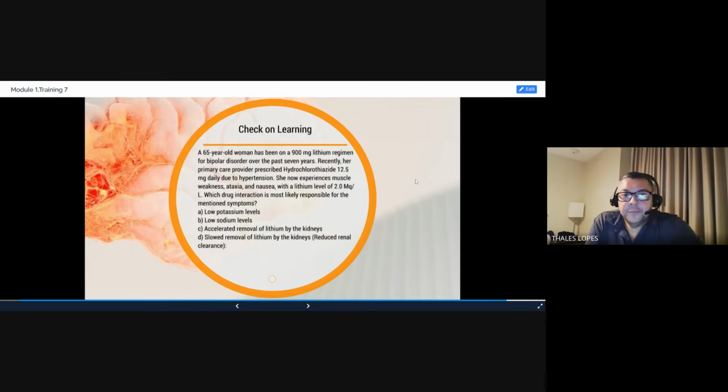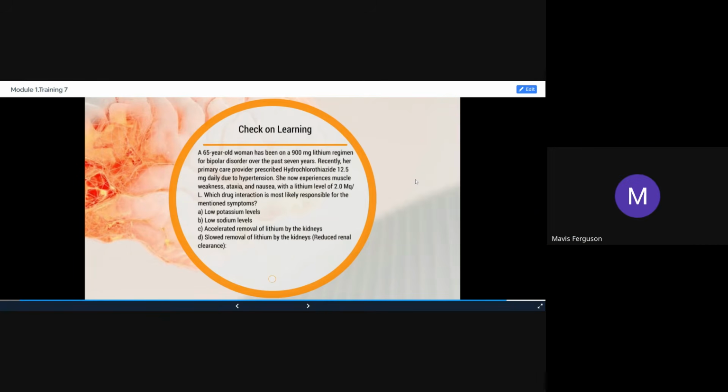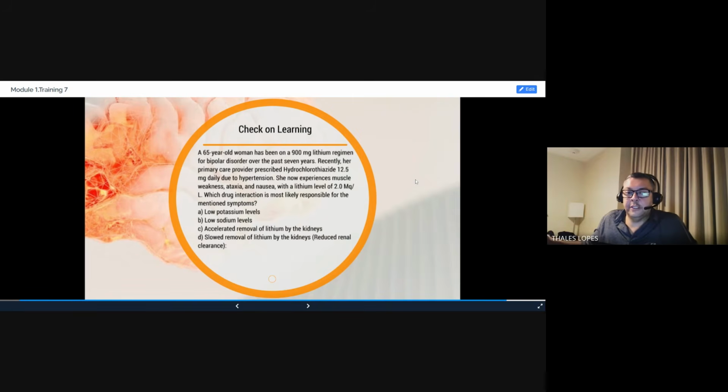Let's do this. You had someone on lithium who was stable, because it says over the past 7 years. Something else was added. What was added? Hydrochlorothiazide. Now she has lithium toxicity. So the core of the question is, what drug interaction most likely happened here?